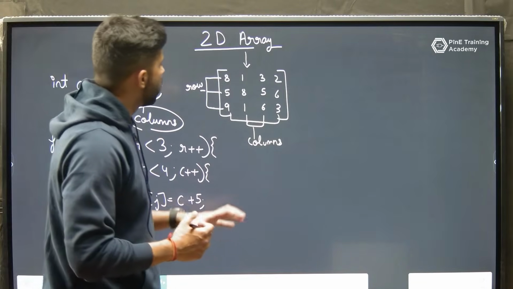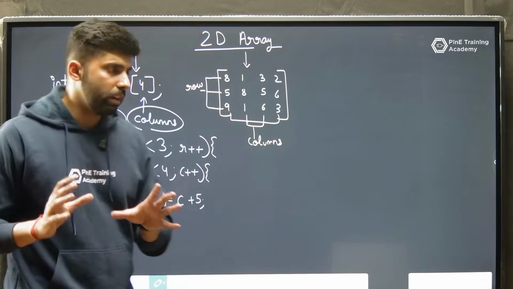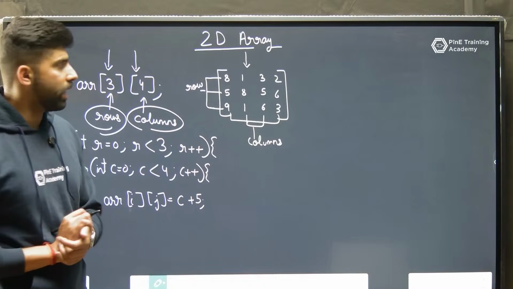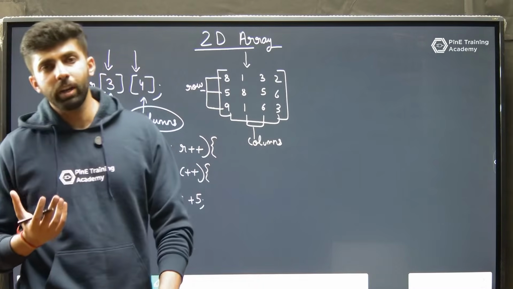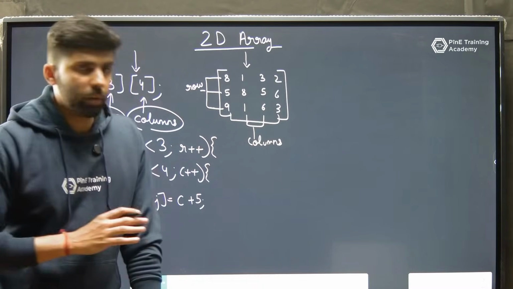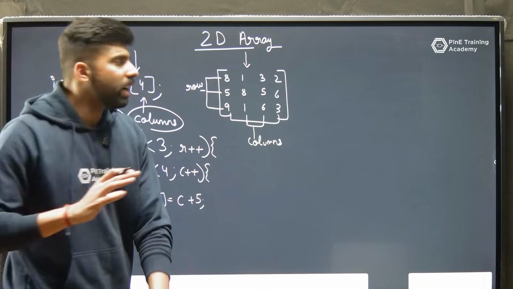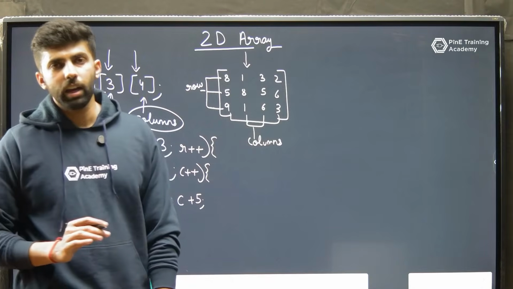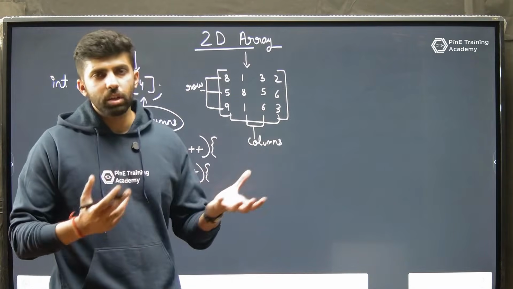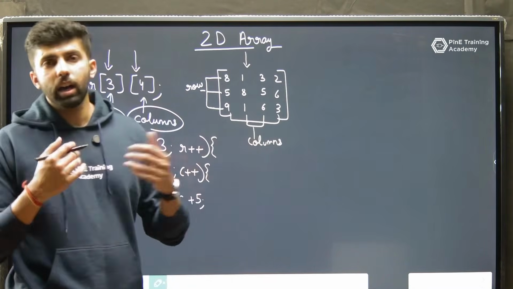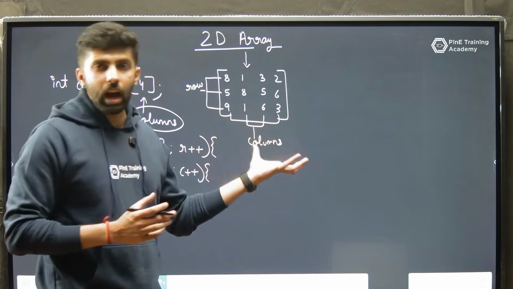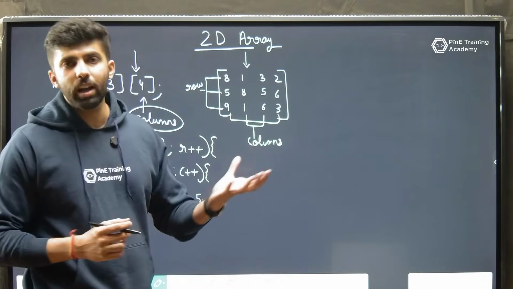Now, when we look at a 2D array, we visualize it like this, which I have drawn here. But in the computer's memory, the computer doesn't know any structure like this. This is the kind of structure which is helpful for us to visualize a 2D array, but this is not how a 2D array is stored in memory.